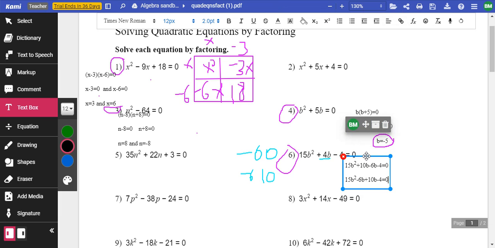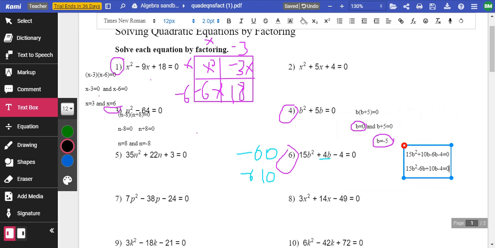Okay, and then I am going to take out the greatest common factor. So 15b squared minus 6b, I'm going to take out a 3b. And I'm going to be left with 5b minus 2. And then out of 10b and negative 4, I'm going to take out a 2. So I'm going to have plus 2, and I'm going to get what I want, which is the exact same in the other one, 5b minus 2.